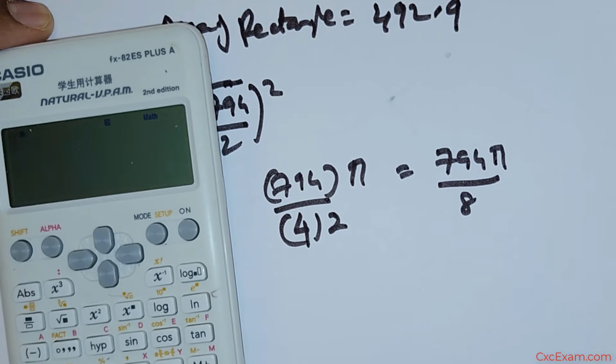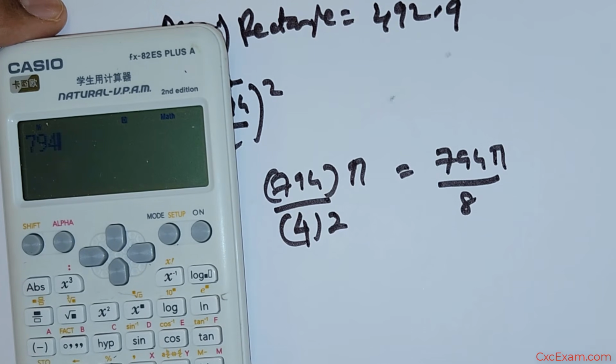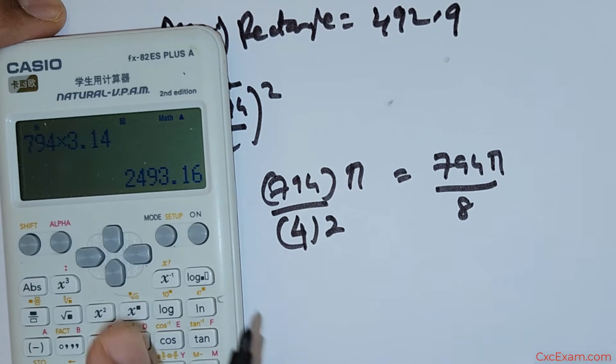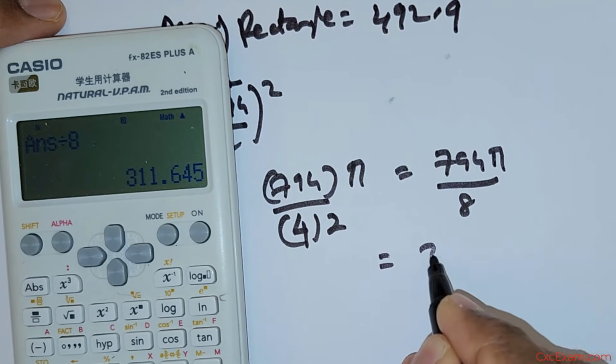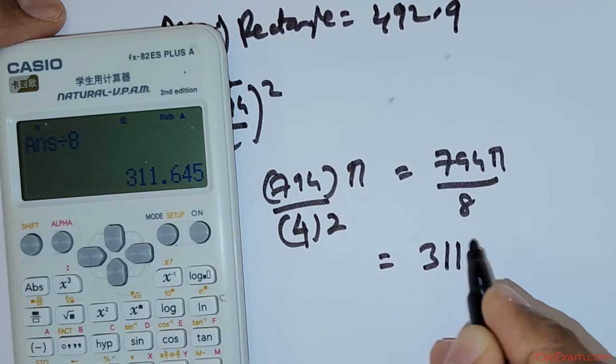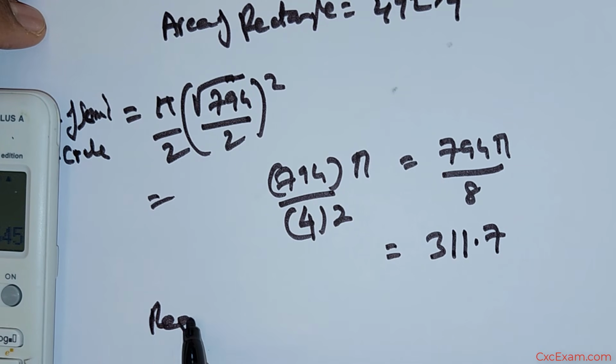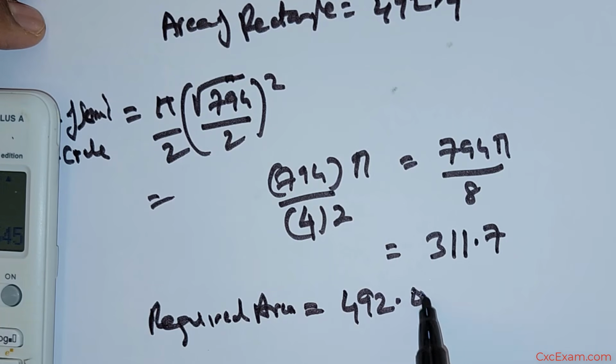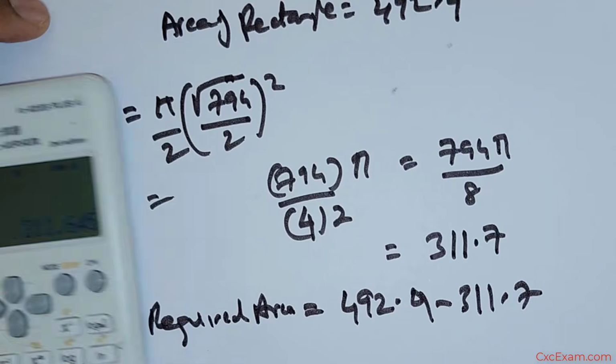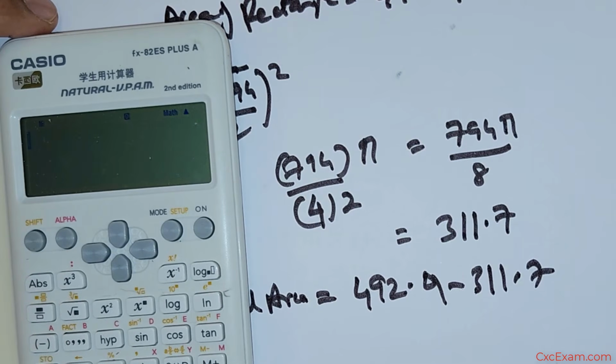So I'm going to take 794 multiplied with 3.14, and I'm going to divide this by 8. This is giving me a value of 311.645. I'm going to take it as 311.7. So the required area is 492.9 minus 311.7.